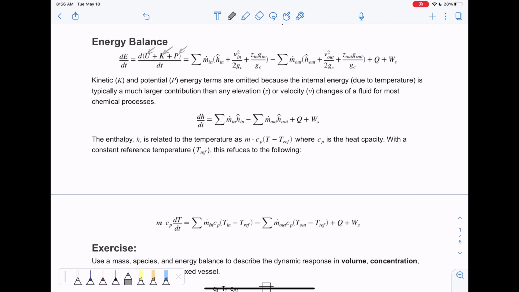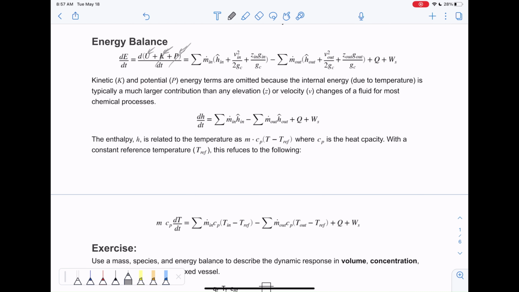And oftentimes when we have something going on, let's imagine our temperature control lab unit. When the temperature control lab unit is running, there's really not a change in kinetic or potential energy while we're heating it up or running it. It's really just a change in that chemical or internal energy that the U represents. And so we can go ahead and just assume that these two are zero and just focus on that internal energy.